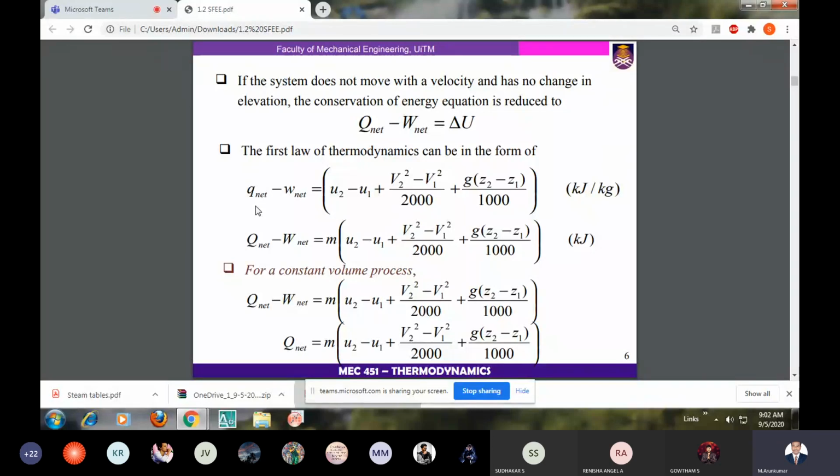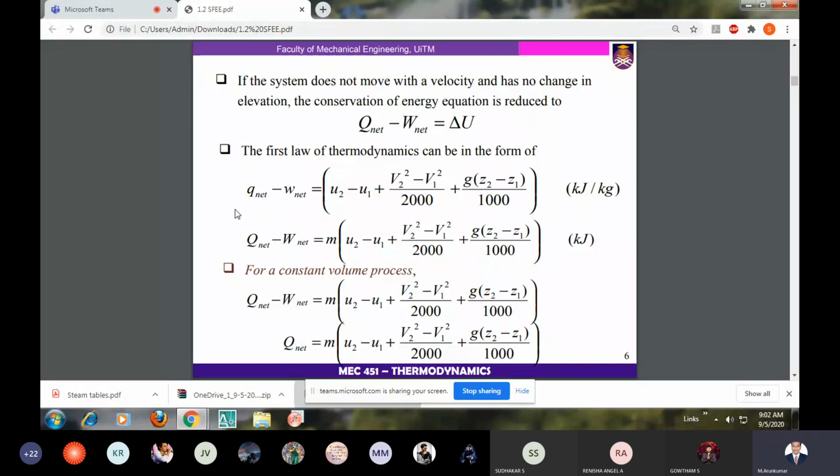If V is denoted in a small letter, that will be specific volume. Okay, just don't get confused. If the letter is a capital letter, that will be a property. If the same letter is in small letter, that will be a specific property. Specific in the sense we divide by mass. So the volume by mass, capital V by mass, will give you the small v. Likewise, we can have all the specific properties. So just understand this. Small q can be written as capital Q by mass.